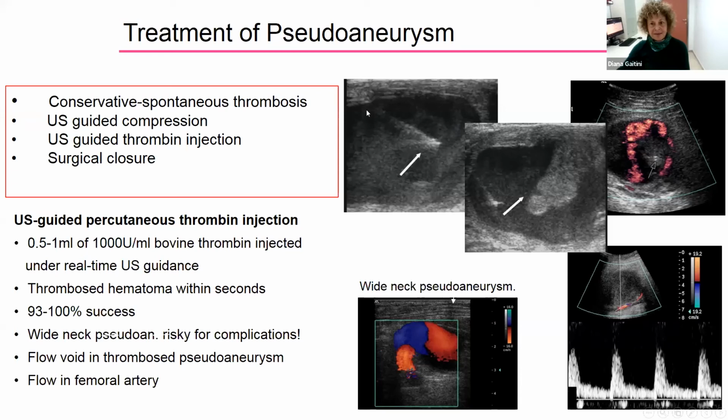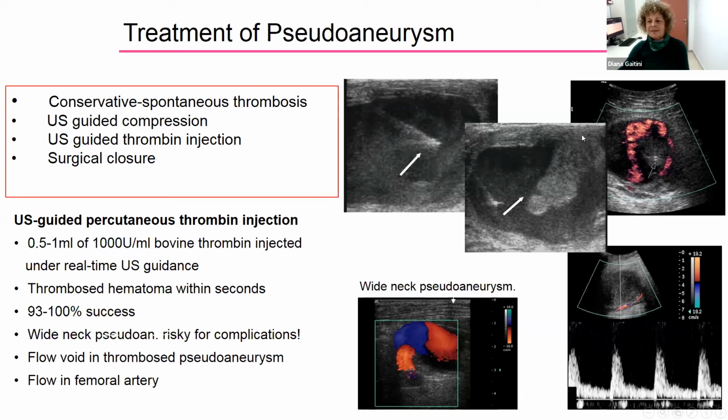This is a case in which we treat the pseudoaneurysma, injecting through a small 22 gauge needle inserted into the pseudoaneurysma, 0.5 to 1 milliliter of 1,000 unit per milliliter bovine thrombin under real-time ultrasound guidance.